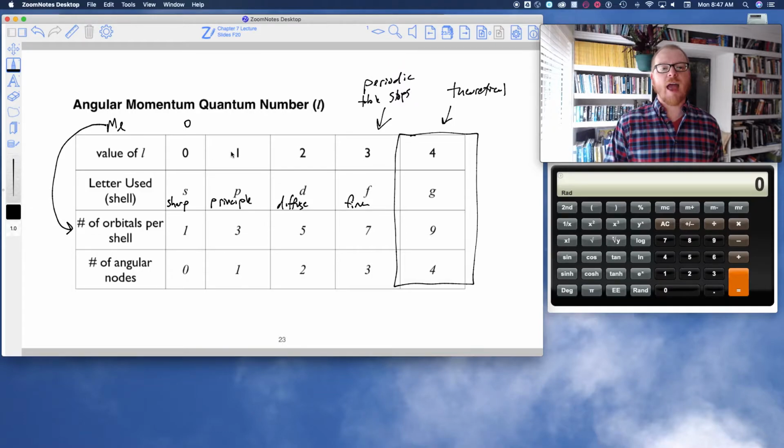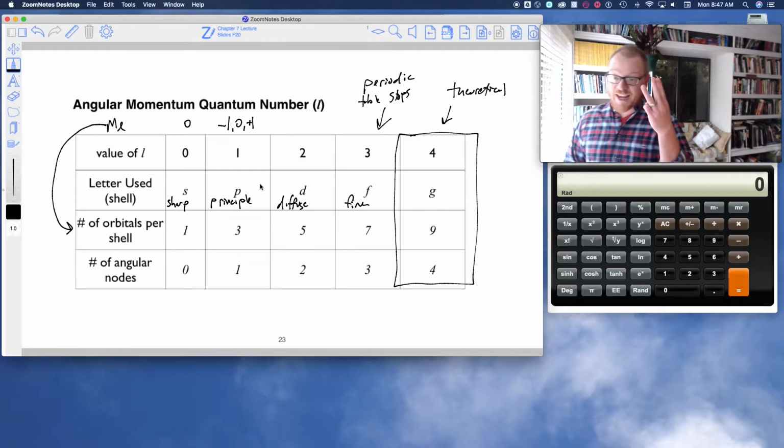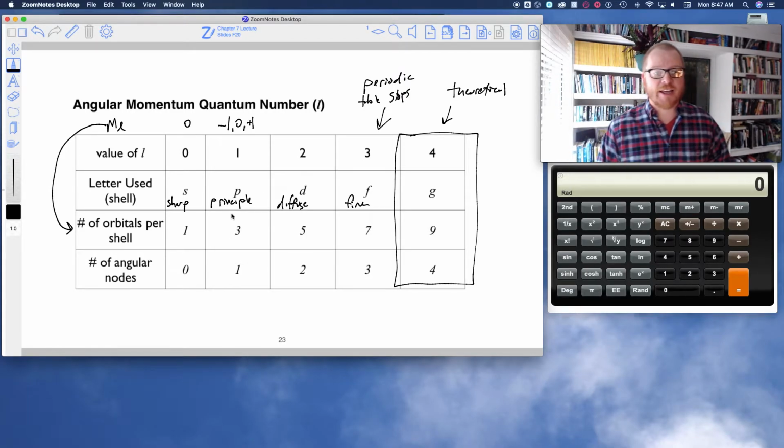Well, what about L equal to 1? When L is equal to 1, ML can be -1, 0, or +1. That's 3 ML numbers, and then check it out: 3 orbitals per shell, 3 p orbitals per shell from the 3 ML numbers. So now you notice the next one is 5 and then 7. How do we get 5 and 7?